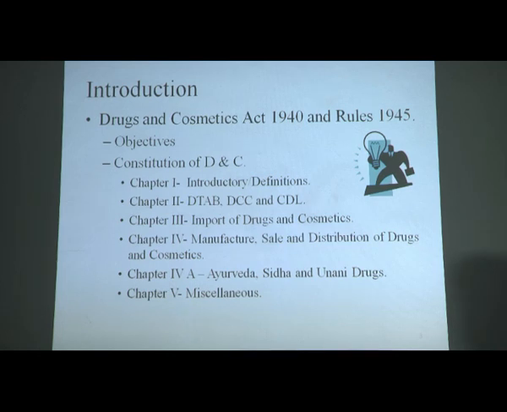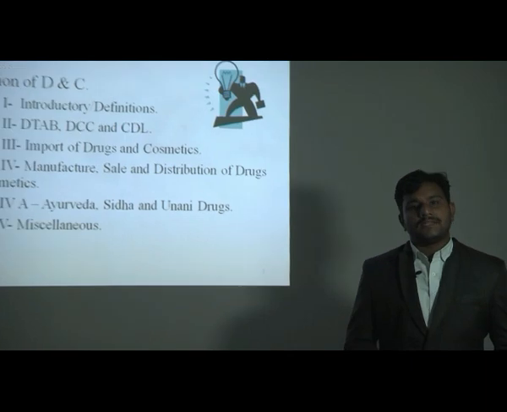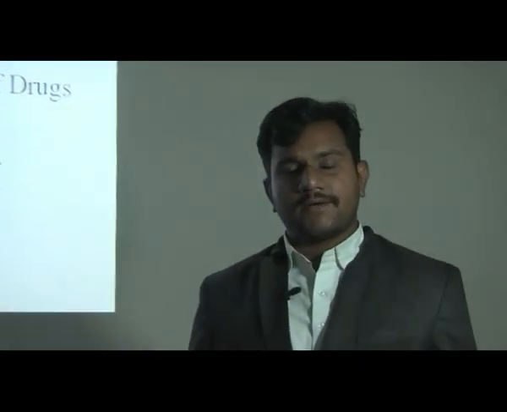The first chapter is introductory, which includes all the definitions. The second chapter is regarding the administrative bodies like the Drug Technical Advisory Board, Drug Consultative Committee, and Central Drug Laboratories. The third chapter includes import of drugs and cosmetics. The next chapter, chapter 4, is related to the manufacturing of drugs for sale, and distribution of drugs and cosmetics.